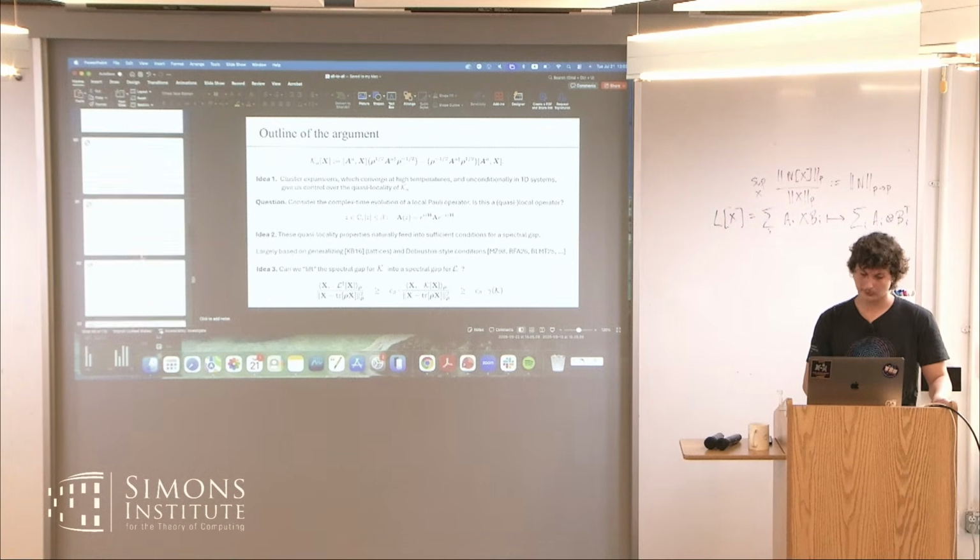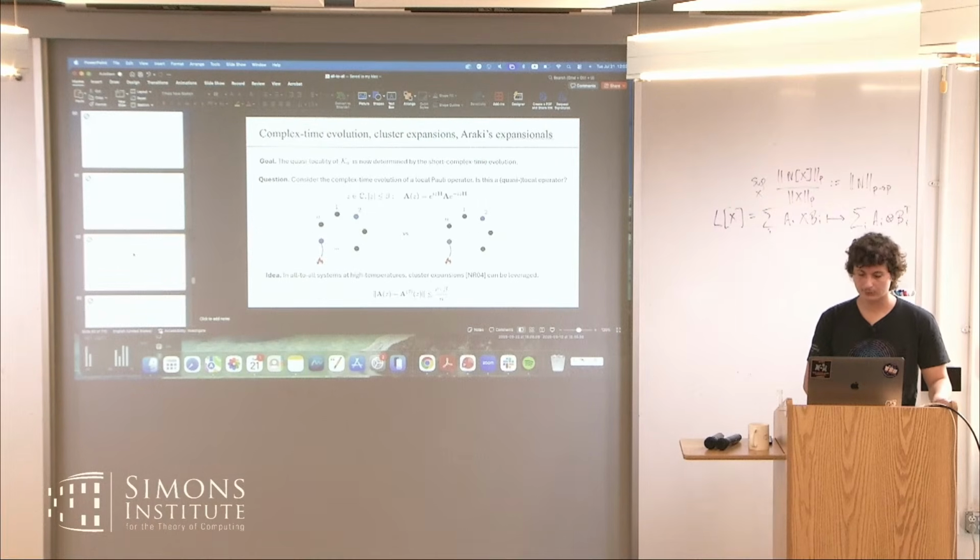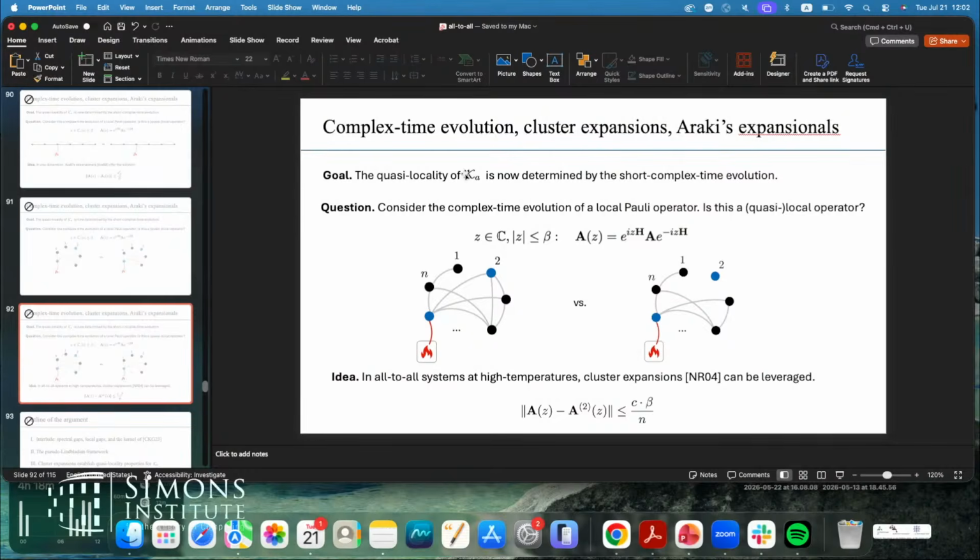The first step is actually relatively simple to describe, so I'll picture it here. How do we try to quantify some notion of locality in space for these all-to-all systems? It's the same question, and perhaps the simplest version of the argument is captured by the following figure, where you say, suppose you complex time evolve a single Pauli on a site, the blue site here.